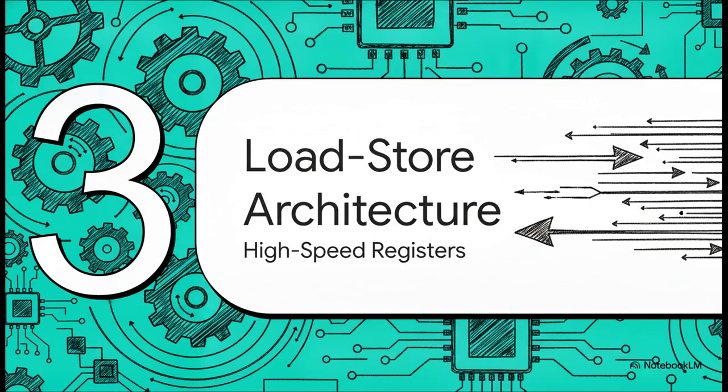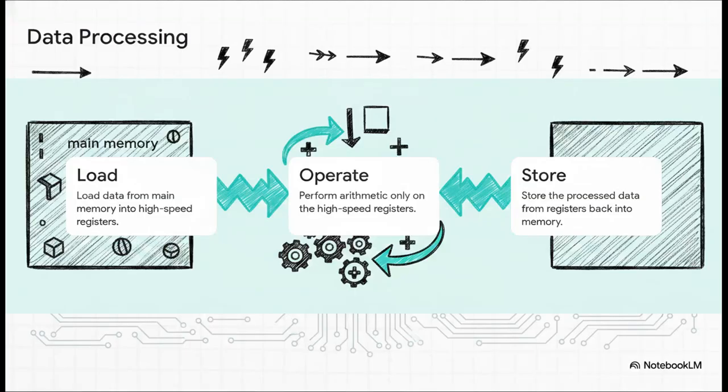Section 3. The Load-Store Architecture. Now, what's really interesting about this is how RISC mechanically works under the hood to hit these incredible speeds. It uses a concept called the load-store architecture. Here's how it breaks down in plain English. The RISC computer usually has a set of high-speed, general-purpose registers, typically around 16 or 32 of them. You can think of these registers like the processor's immediate workbench.